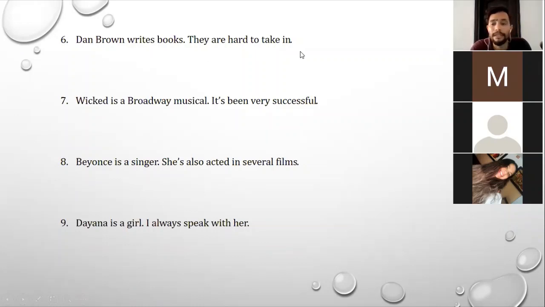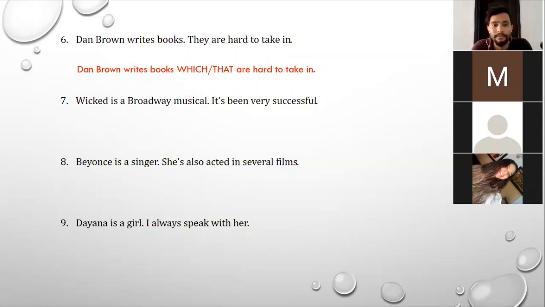They are hard to take in. Take in means understand. Put it together, please. Dan Brown writes books which are hard to take in. Good. So Dan Brown writes books which or that are hard to take in. Now, where is the relative clause?